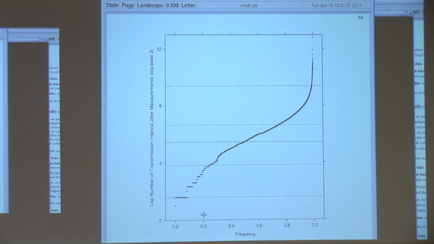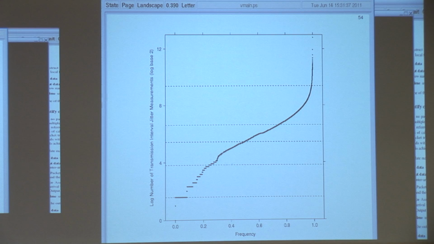We're going from, I guess, 1 right here, so this would be 4, and it goes all the way up to about 4,000. So that's per transmission interval.